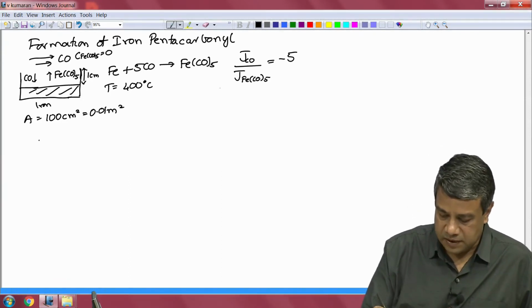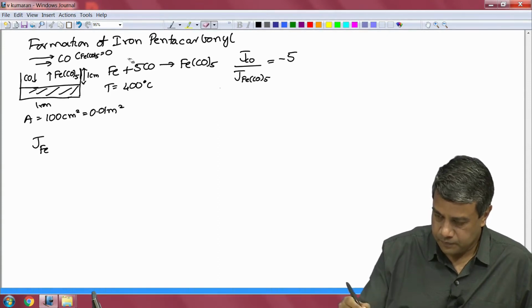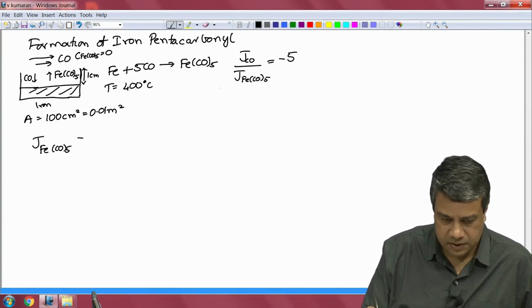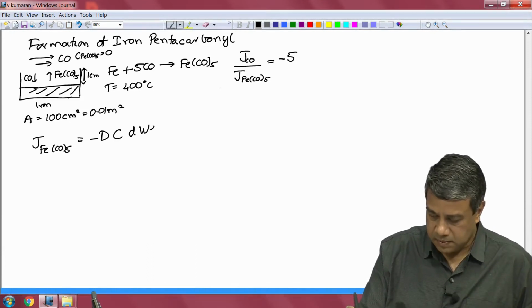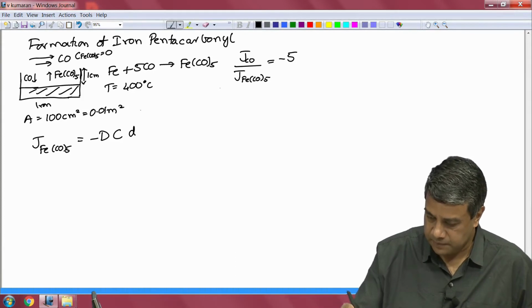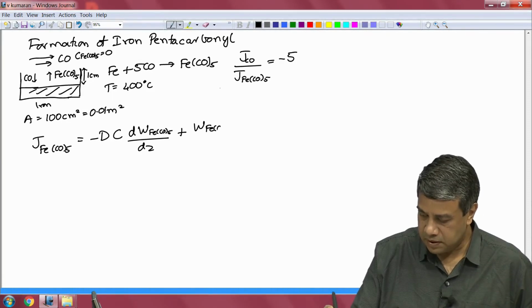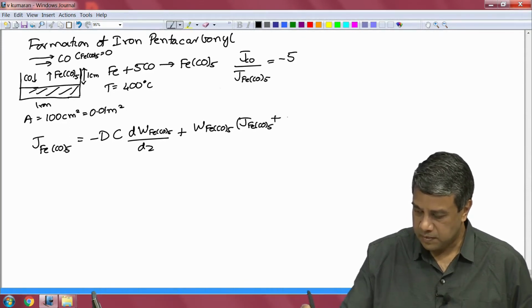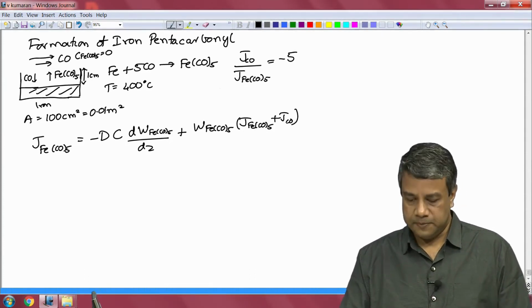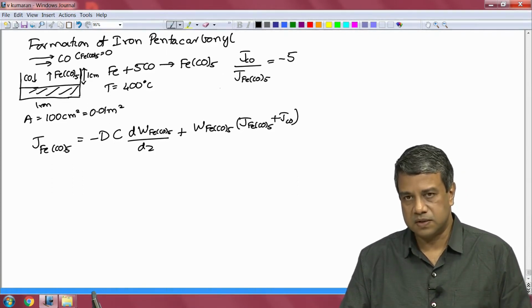So, for example, if I write the molar flux J FeCO5 is equal to minus D times the molar concentration times dW, the weight fraction, by dz, plus W FeCO5 into J FeCO5 plus J CO. That is, J_A is equal to minus DC dW_A by dz plus W_A into J_A plus J_B.